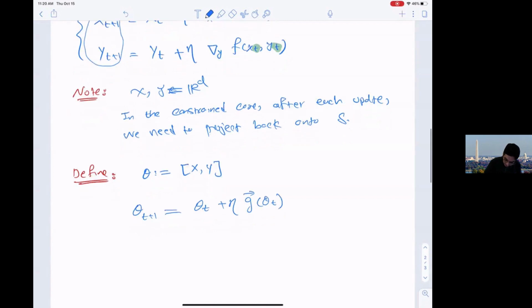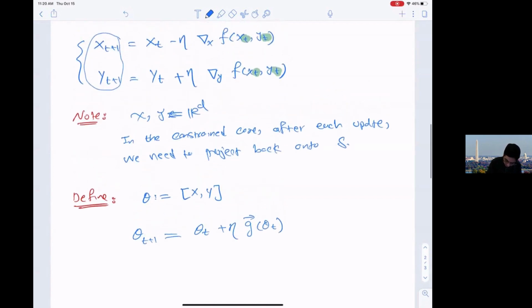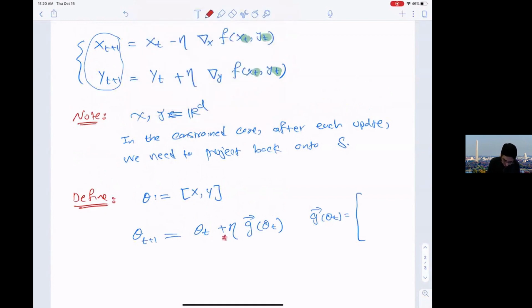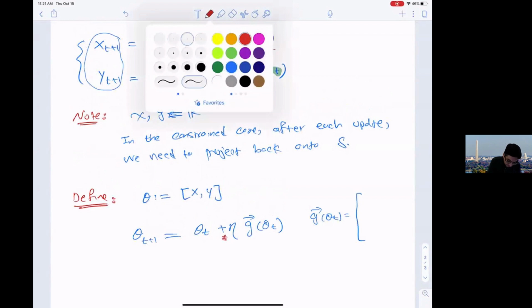So what is this gradient vector from these equations? Note that here I put the positive sign, but here I have a negative sign. So one component of this gradient would be minus gradient of f with respect to x, and the other component would be plus gradient of f with respect to y.